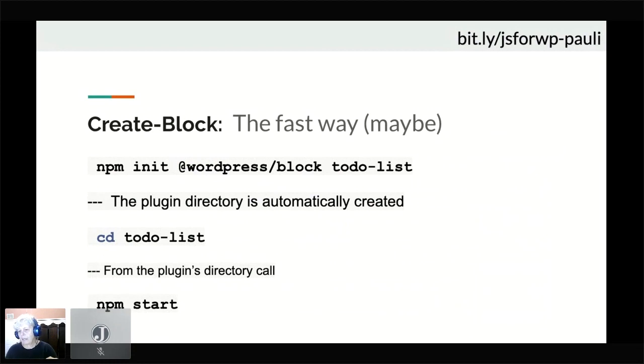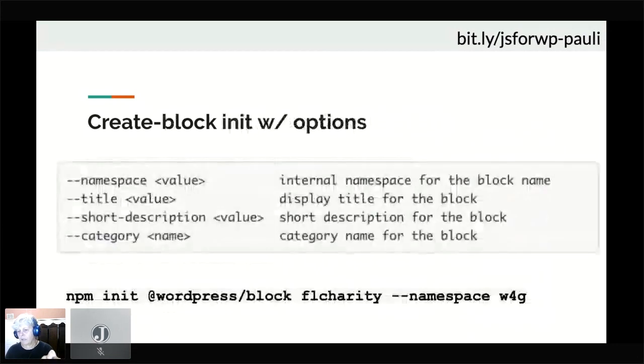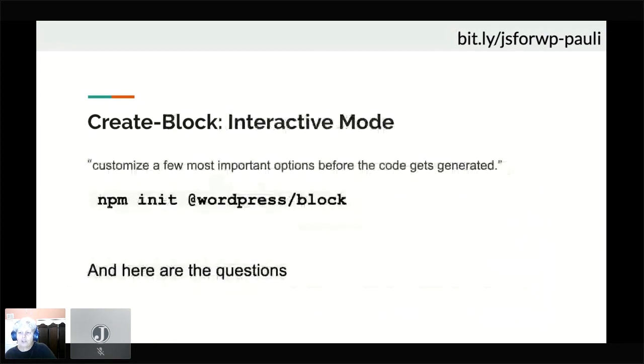But if you use the fast way, you can add a namespace to it. Here are some options that you could use, like --namespace and value, --title and value, --short-description. So you can kind of do it like WP-CLI, when you start a new site and you put the whole command with all the variables in there. What you also could do, and that's my preferred way to use the create-block script, is the interactive mode.